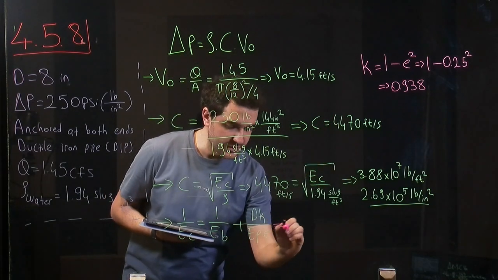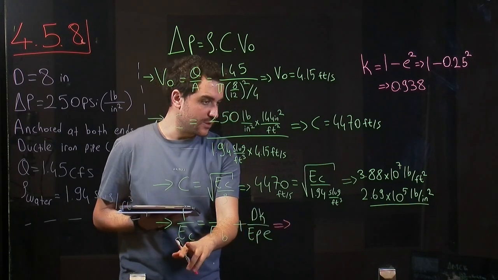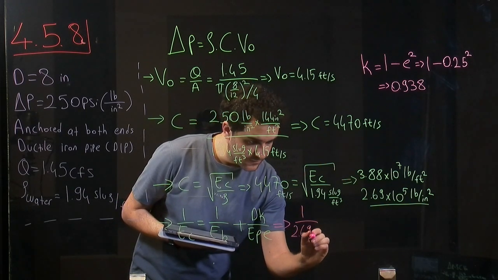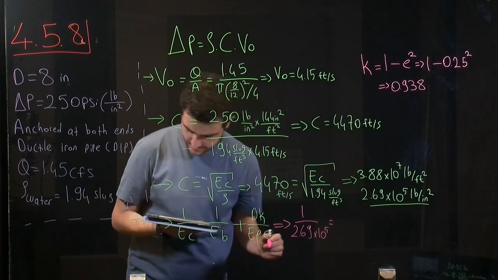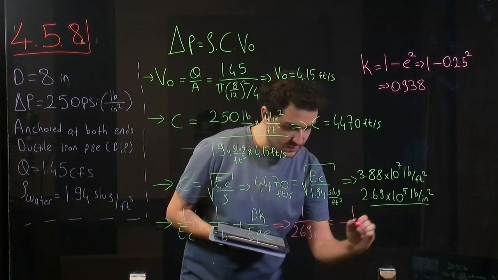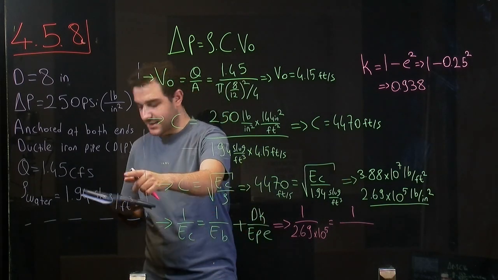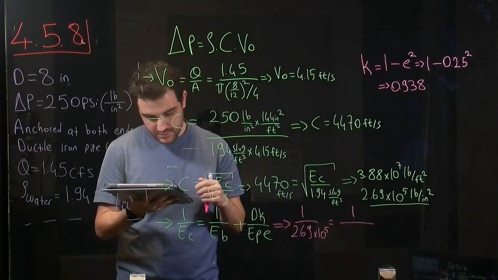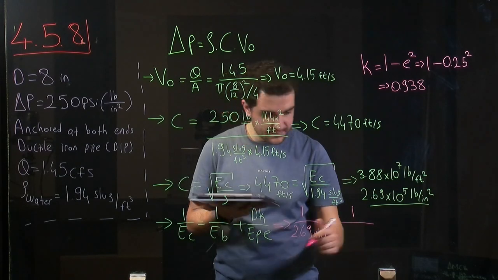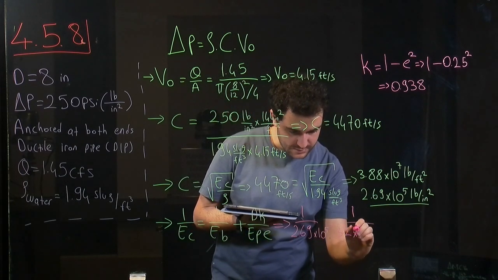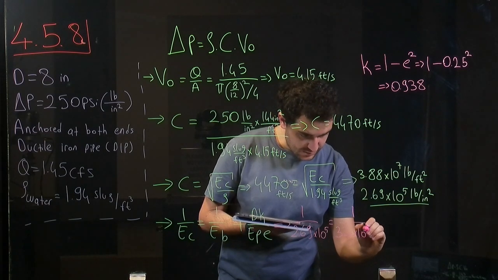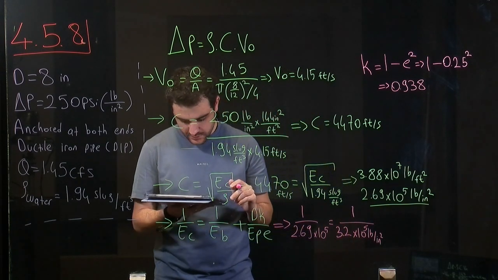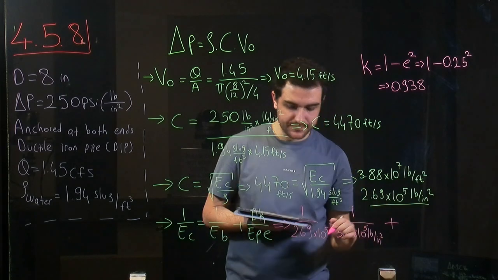And let me write everything here. Since we know EC from here, EB is not given here, but you can find it from tables. Plus the diameter.